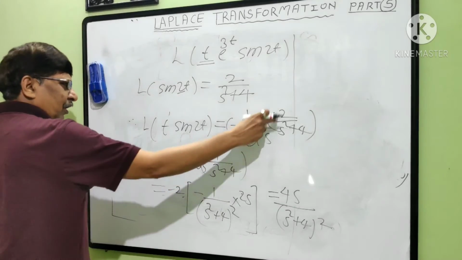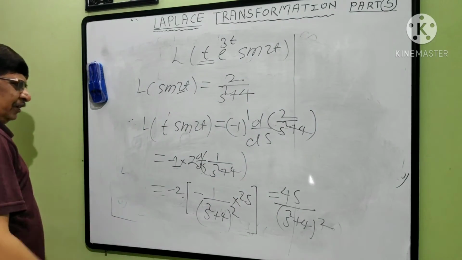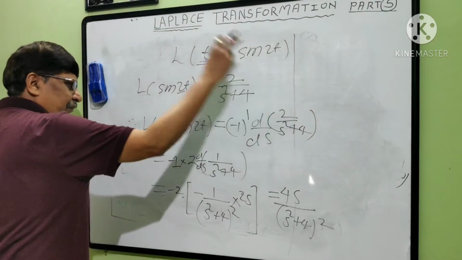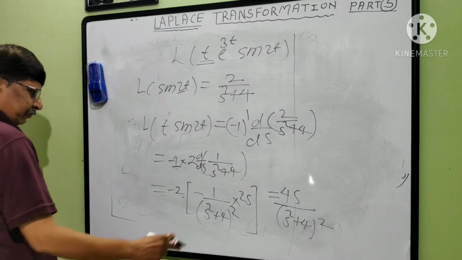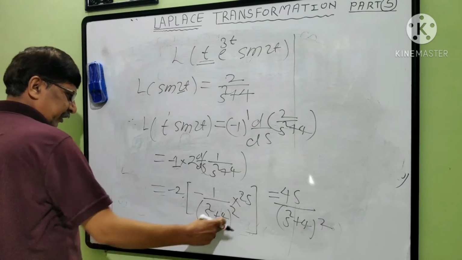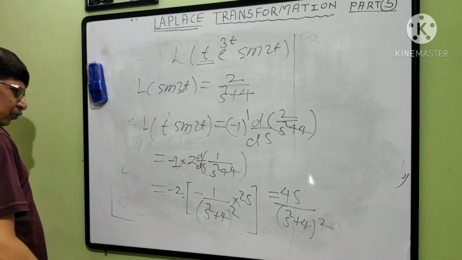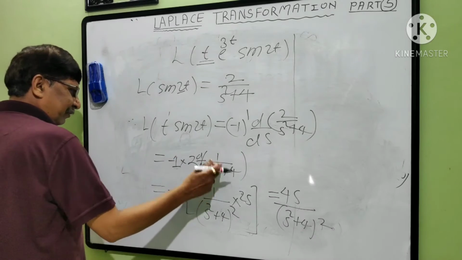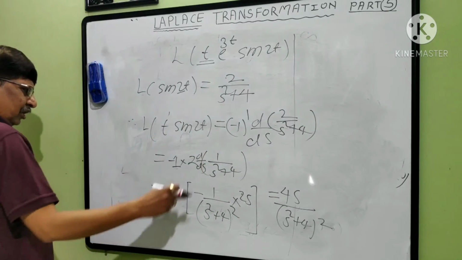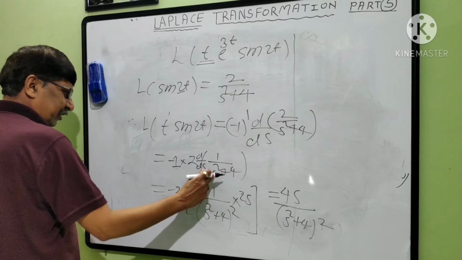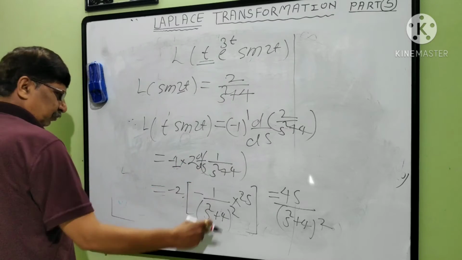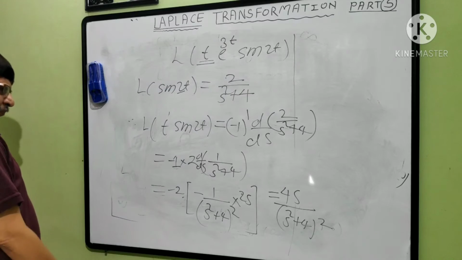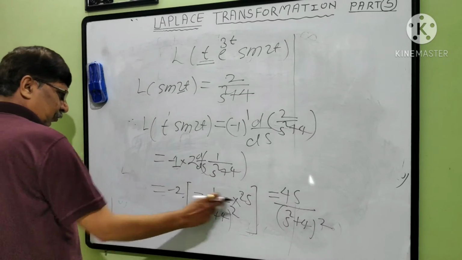How I have found this: take 2 outside, 1 upon s square plus 4 means minus 1 upon (s square plus 4) whole square into derivative of s square plus 4, that is 2s. Or you can find by u by v, v into derivative of 1, that is 0, minus 1 into derivative of this, that is 2s upon (s square plus 4) whole square, same thing. Okay, now that will be 4s.